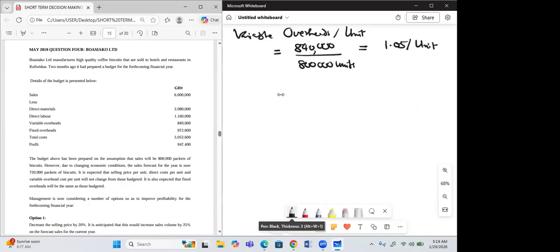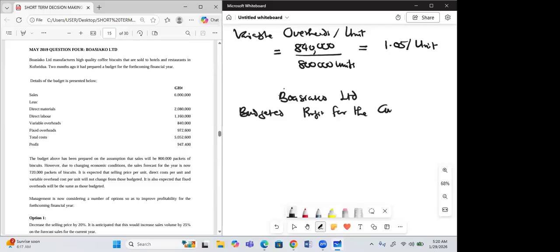Title it Siakun Limited, budgeted profit for the current period.